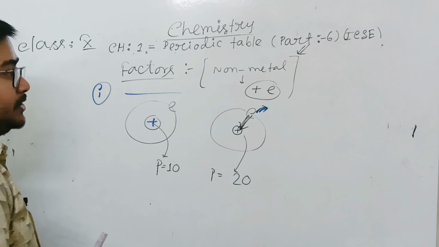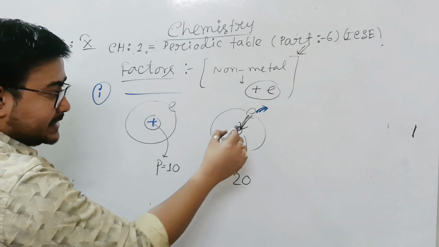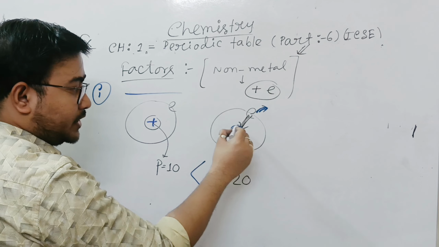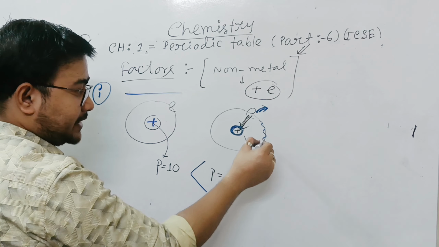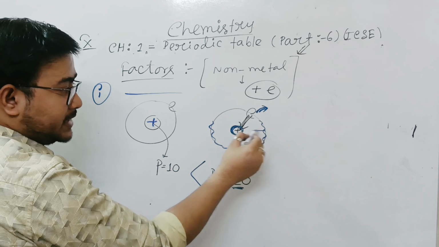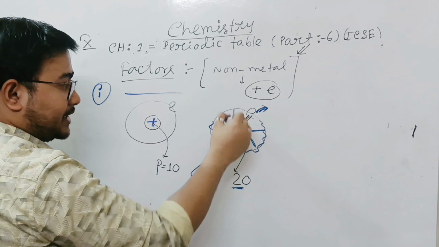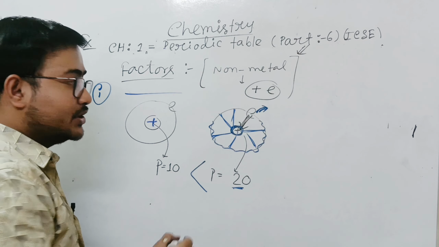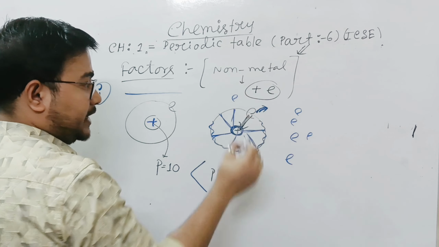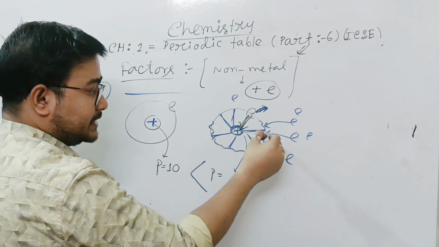Now tell me, non-metal means acceptance of an electron. Since here the number of protons is more, this nucleus has more attraction towards the outermost shell. So if loose electrons are available here, the nucleus tries to accept them.